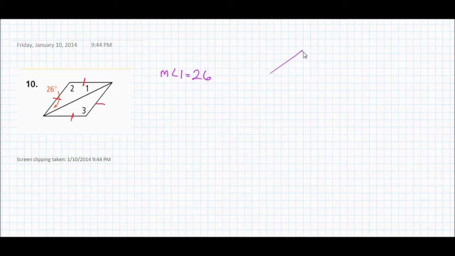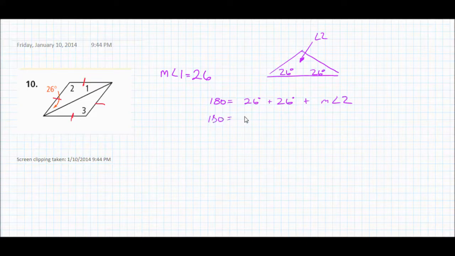Well, if we look at the triangle, if we know the 2 base angles are both 26 degrees, angle 2 is unknown, but we can say 180 equals 26 degrees plus 26 degrees plus the measure of angle 2. So 180 equals, sum like terms, 52 plus the measure of angle 2. Subtract 52 from each side. 128 equals the measure of angle 2.